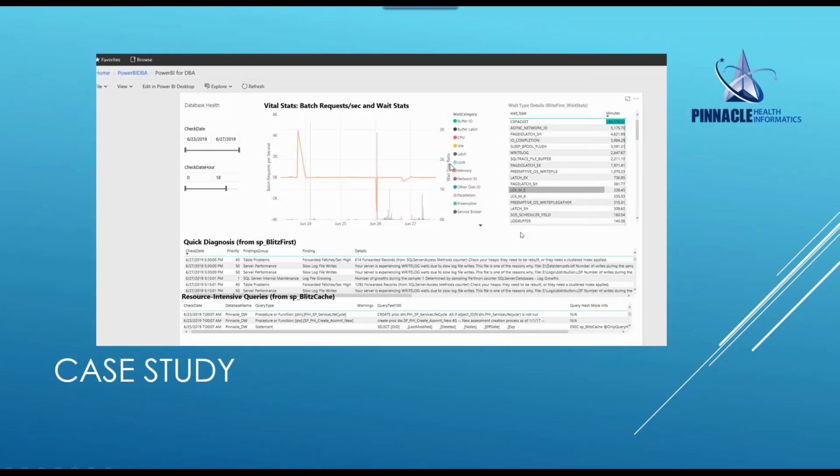Okay, so let's get into this here a little bit. This is what the front of the dashboard looks like. We will actually attach to a live system here shortly, but this is a screenshot. You can see here that you have some date ranges, and we're looking at batch requests per second. And these are all dealing with SQL metrics.